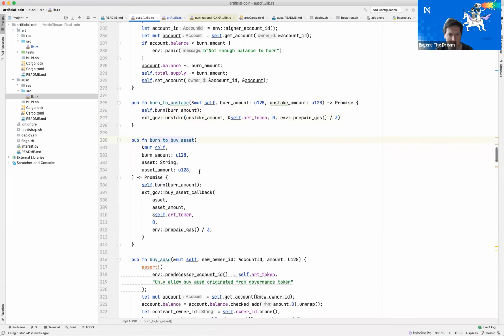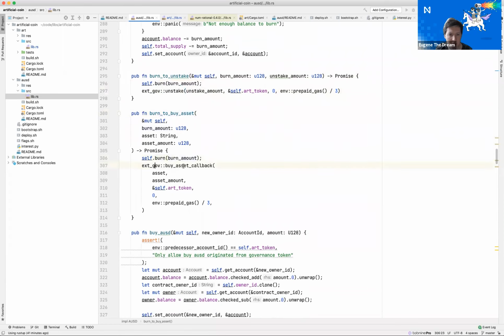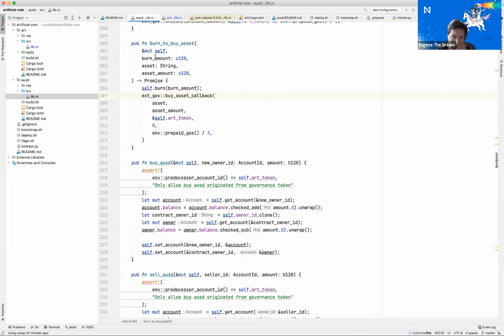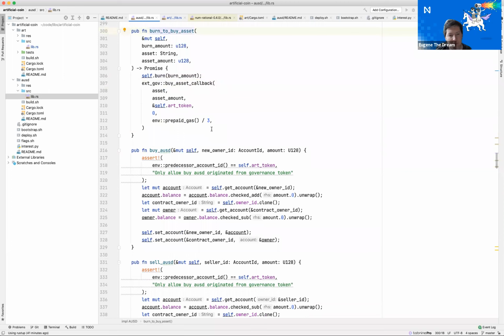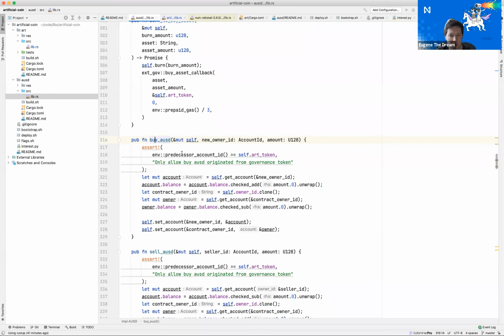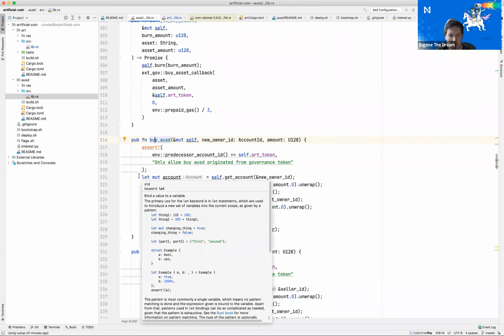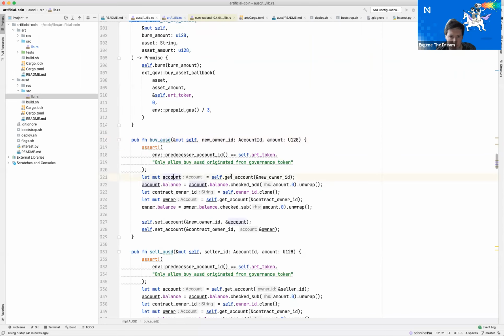Burn to buy asset, again, similarly. That pretty much cannot be called because of the AUSD. So buy AUSD. New owner ID. So this is correct.